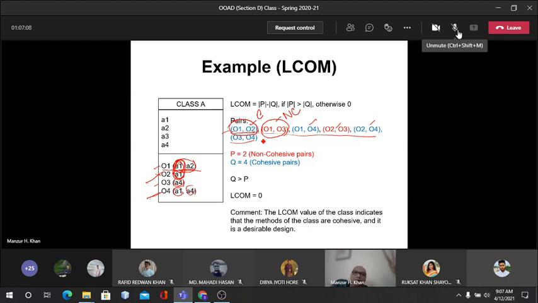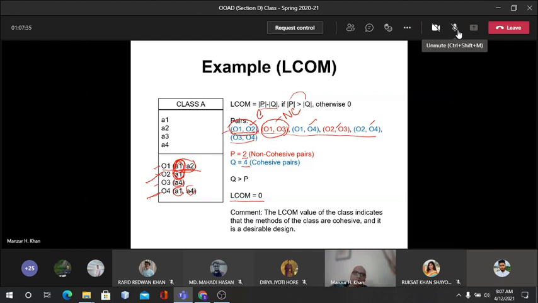So if we count, there are 4 cohesive pairs, so the Q value is 4, and 2 non-cohesive pairs, so the P value is 2. So the equation says, if P is greater than Q, then P minus Q. But in our calculation, P is not greater than Q. So the outcome value we finally declare is 0.